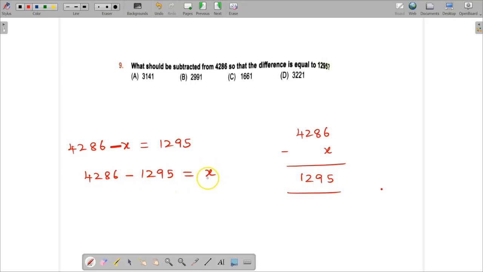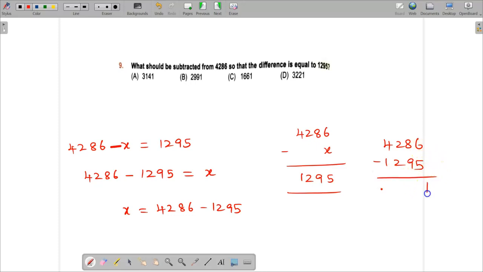So we can write left hand side in the right hand side and right hand side in the left hand side, just interchange and write. So x is equal to 4286 minus 1295. So we need to subtract these two values in order to find out x.